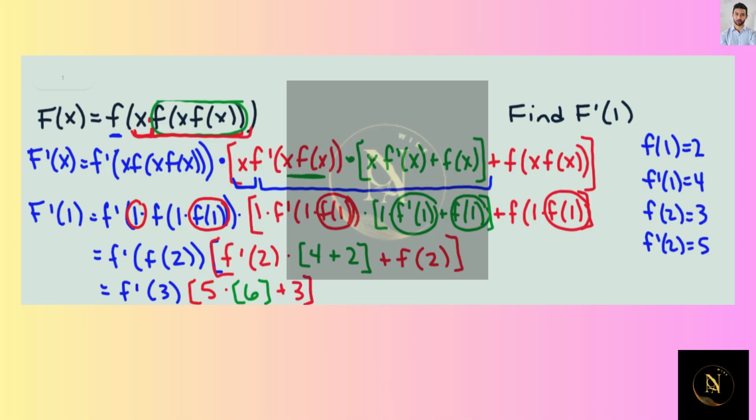Okay, it's getting smaller and smaller. Now f prime of 3 is 6. So we're going to substitute a 6 for f prime of 3. So we have 6 times 5 times 6 is 30 plus 3 is 33. 6 times 33 is 198. That is our answer.